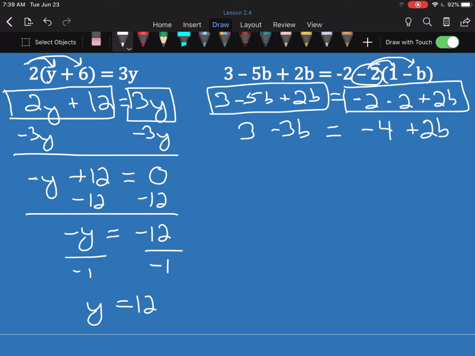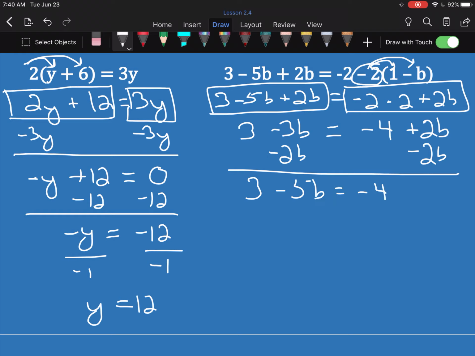Now we can start moving things across the equal sign. Again, I bring my variables to the left, so I will take that positive 2b. I'm going to subtract it from both sides. That's going to get me 3 minus 5b equals negative 4. We will subtract 3 from both sides.